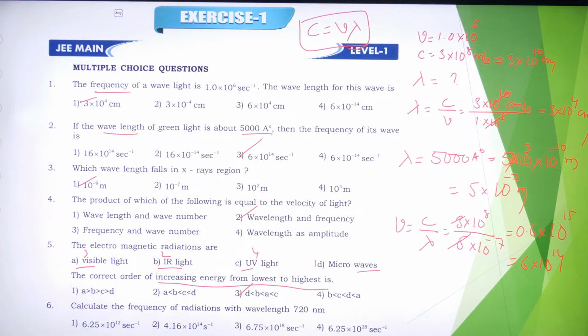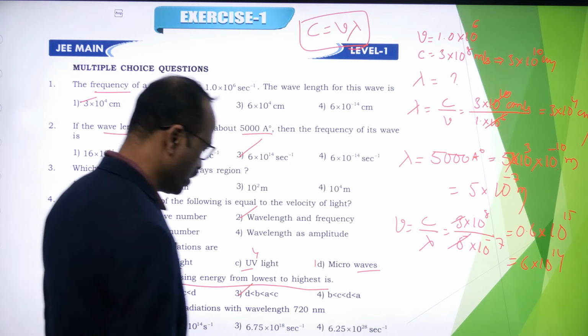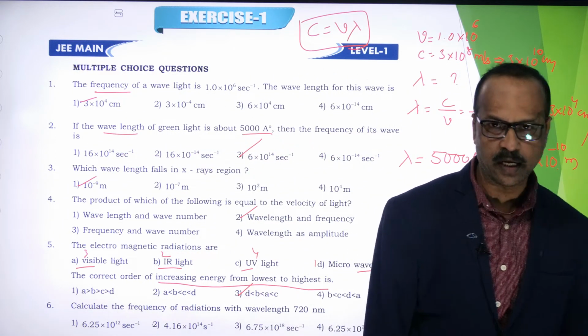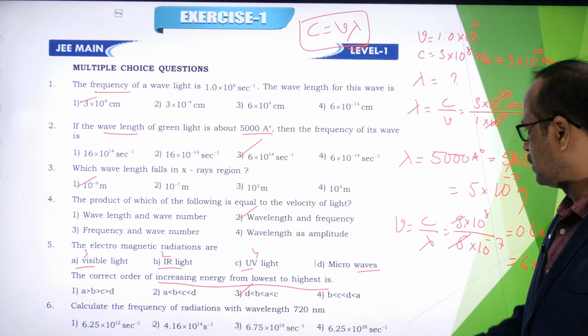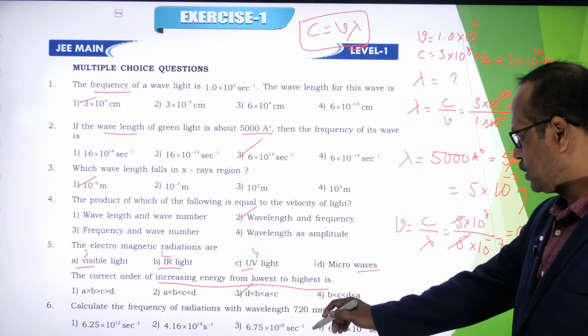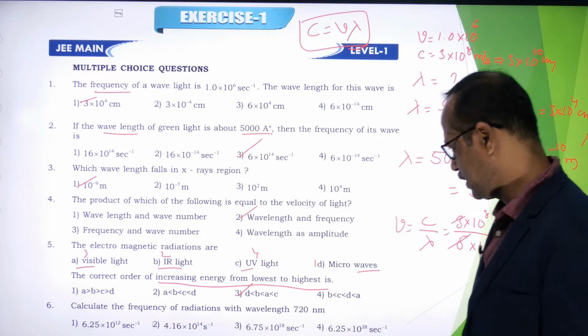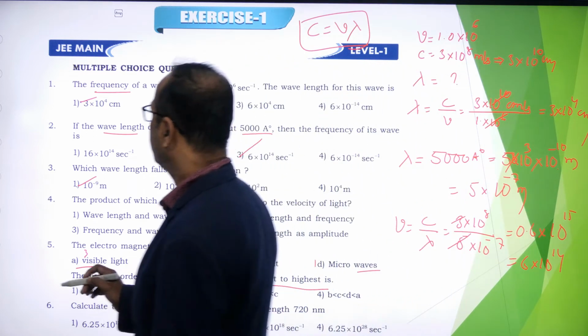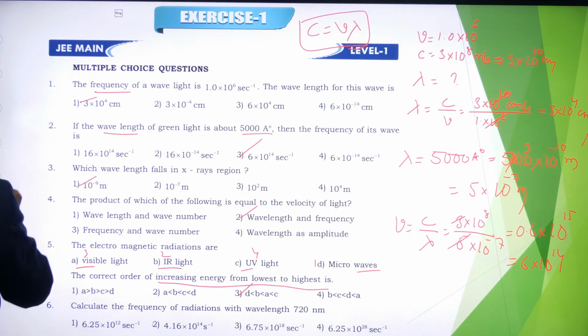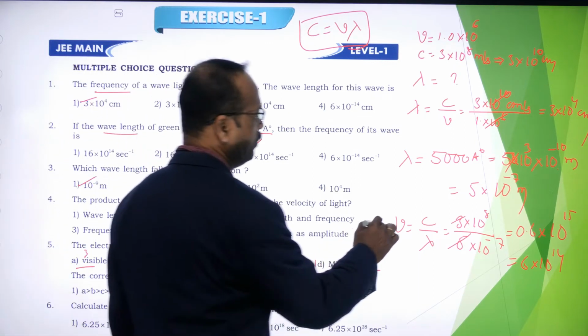Okay. Now, calculate the frequency of the radiation whose wavelength is 720 nanometers. So, to solve this one, we calculate the frequency from the wavelength. So, students, here I'll rub this.